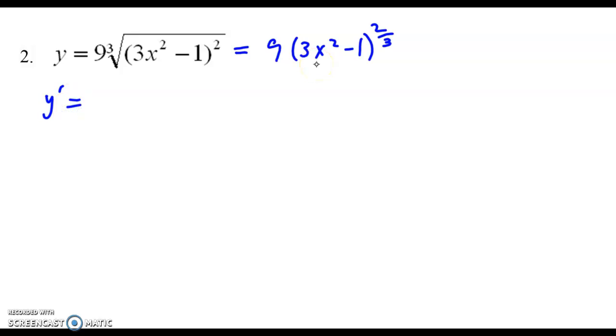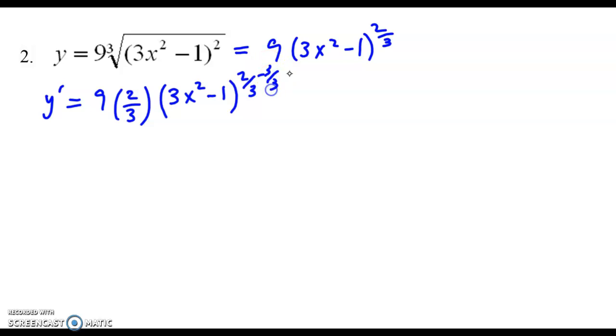First, the coefficient 9 stays there, multiplied by the exponent, multiplied by the brackets. This is the first link of the chain. This is the elementary differentiation rule. Now to the exponent minus 1, we'll write 1 as 3 over 3, so the denominators are common.